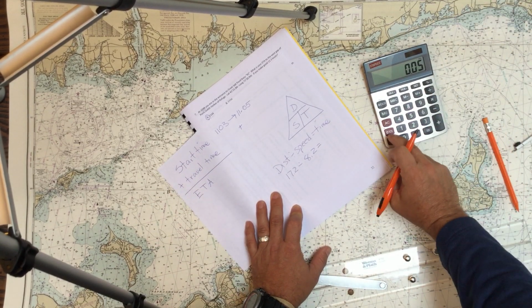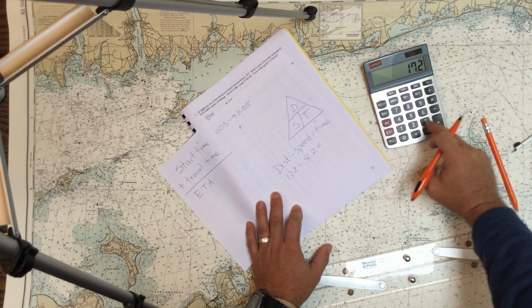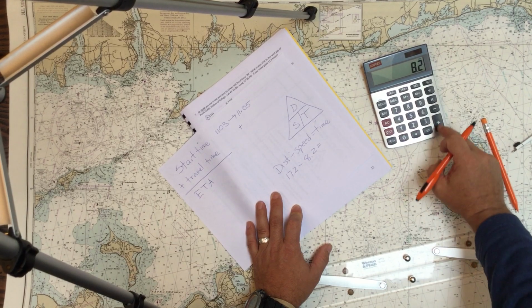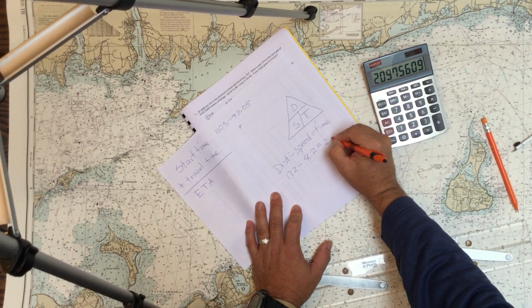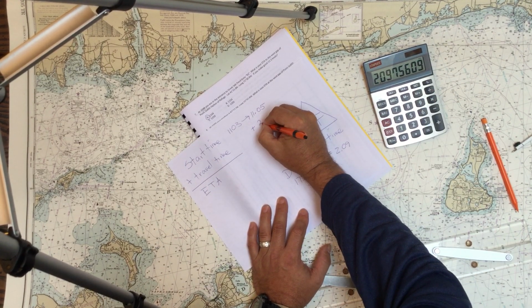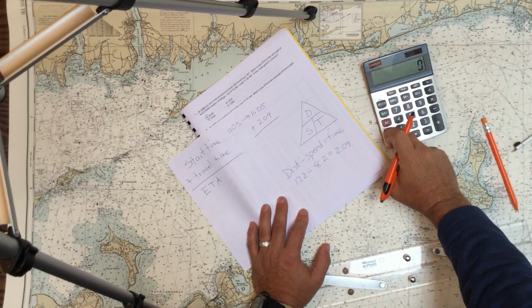So I simply use my calculator. I do the math. 17.2 divided by 8.2 gives me 2.09 hours. So I plug that into the problem. I add those together.